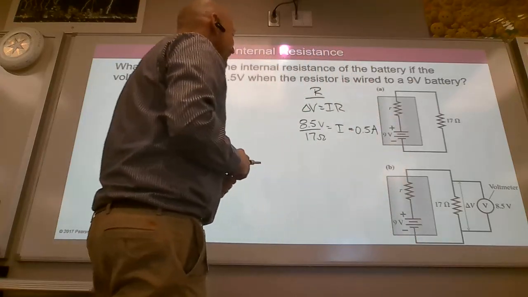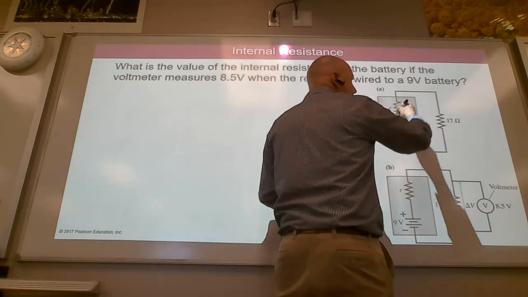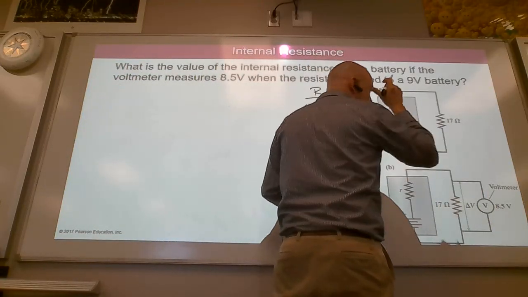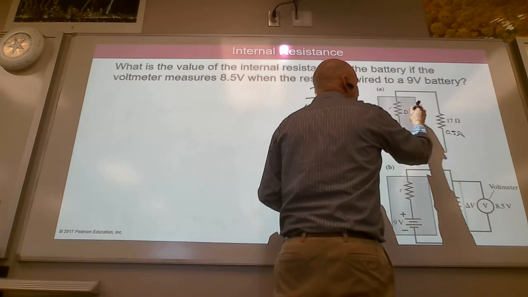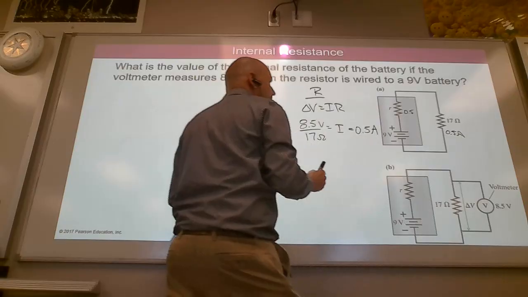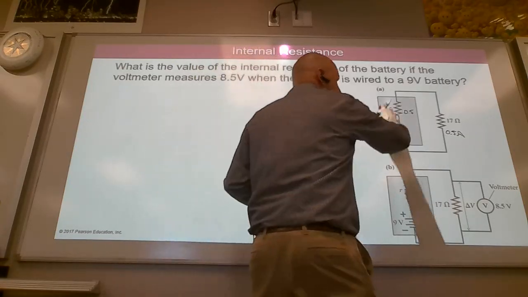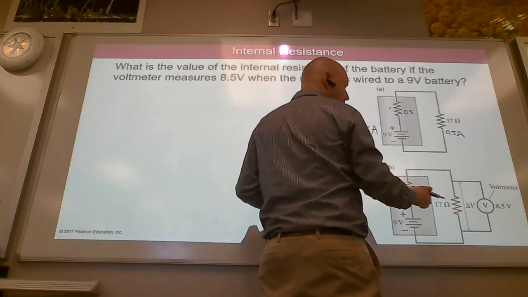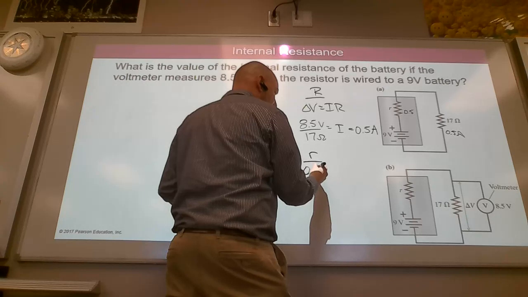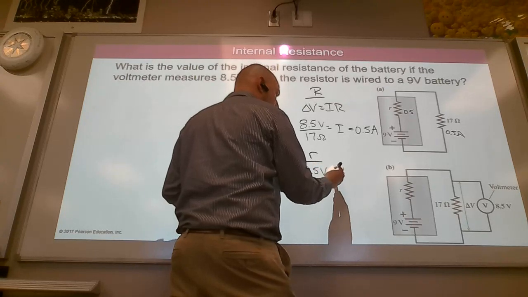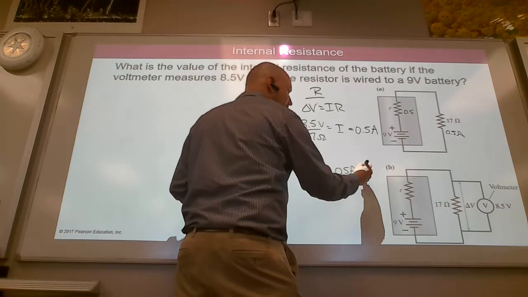All right, 0.5, and then I know it's in series, so the current here is 0.5 amps. The current here is 0.5 amps, and I know that if this whole thing is 9 volts, and that's 8.5, across the little resistor it's 0.5 volts. 0.5 volts over 0.5 amps equals the resistance.